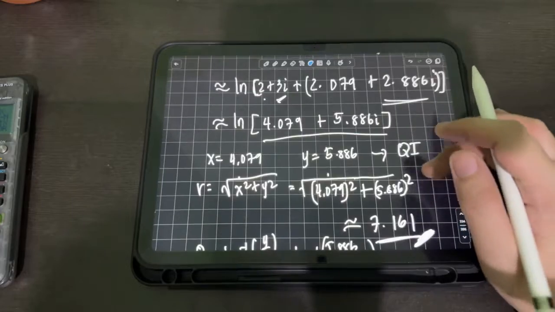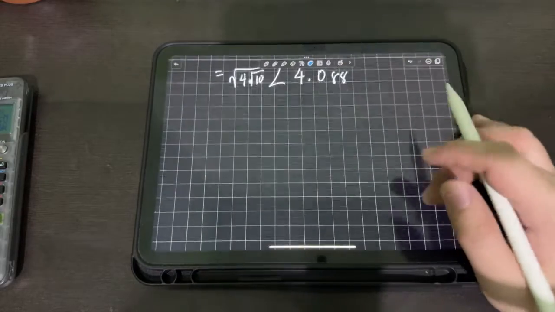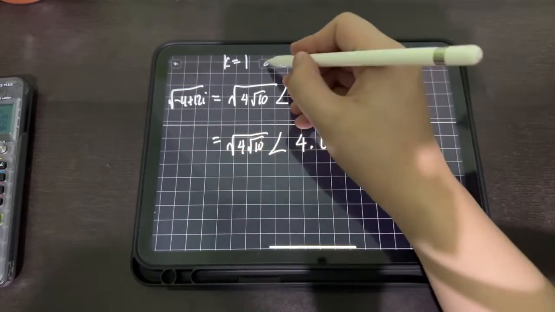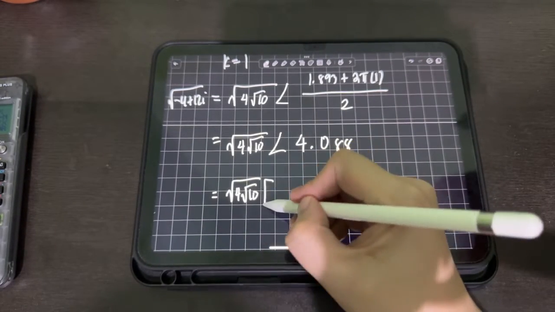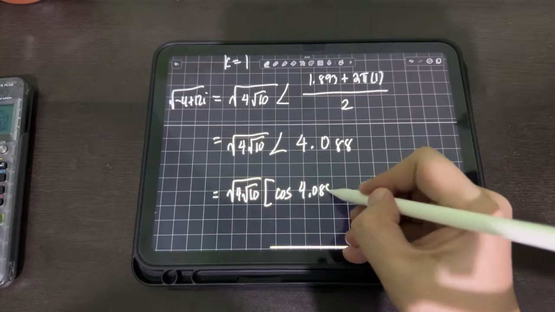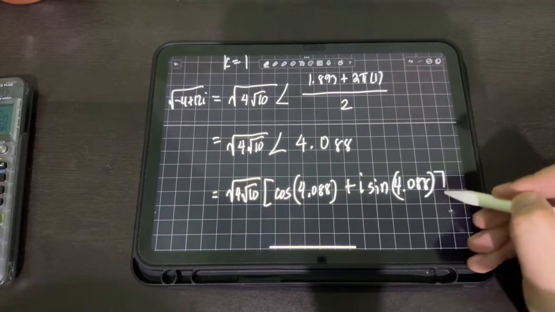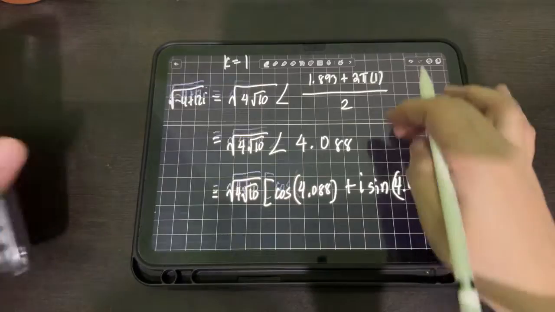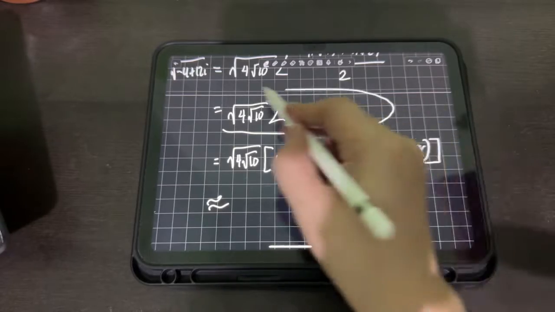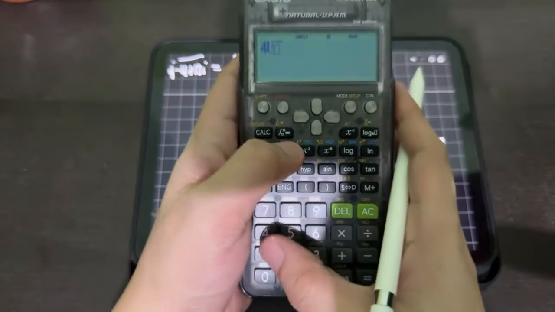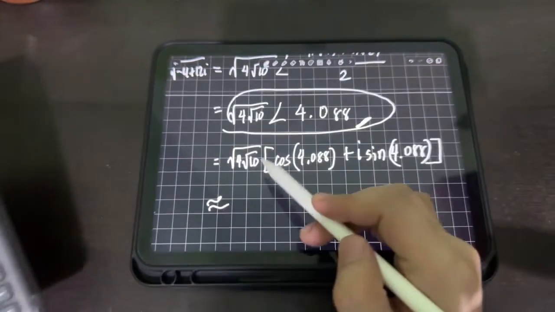Okay? So this is also equivalent in polar trigonometric form to 4 square root of 10 cosine of 4.088 plus i sine 4.088. So in rectangular form, when you input this in your calculator, it's approximately equal to the square root of 4 square root of 10, right?